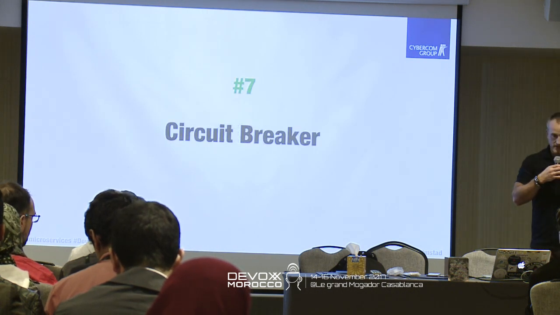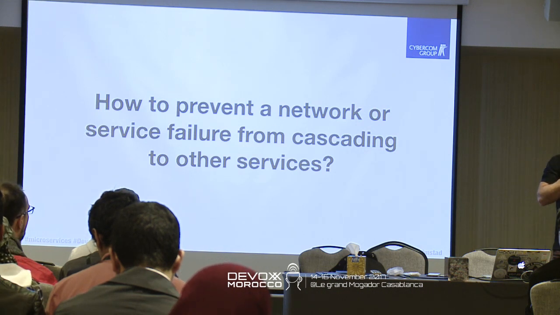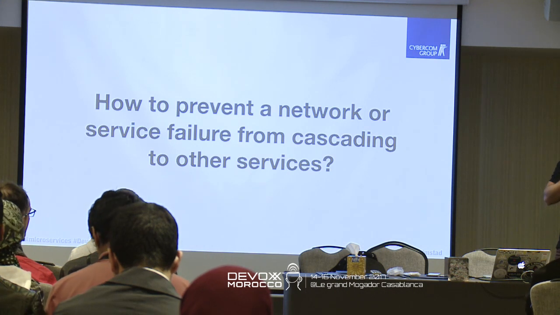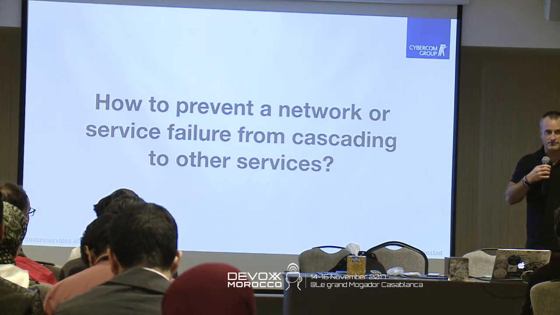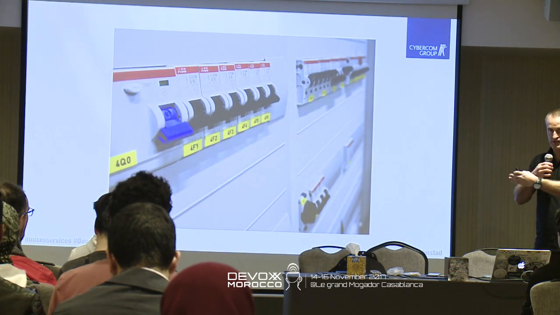The circuit breaker is a little bit more interesting. It addresses how to prevent a network or service failure from cascading to other services. If one service is down, you don't want everything to be down. The circuit breaker's name comes from the fuses in your house, right?